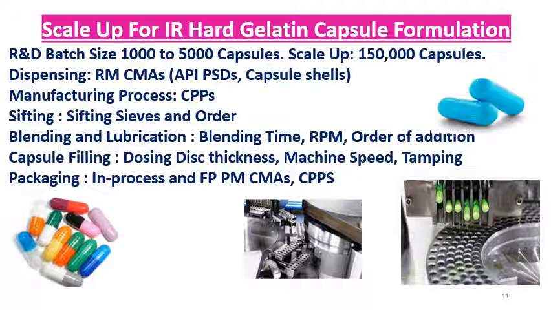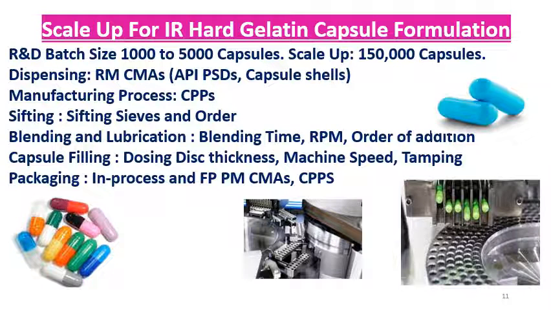Then coming to the manufacturing process. Manufacturing process involves shifting, blending and lubrication, capsule filling and packaging. A very simple example I have taken here for easy understanding. See, the shifting sieves and order of shifting will be very important.